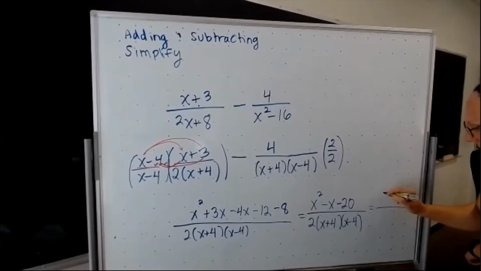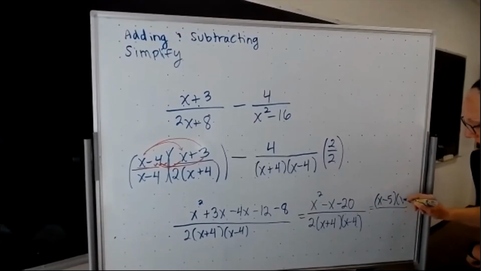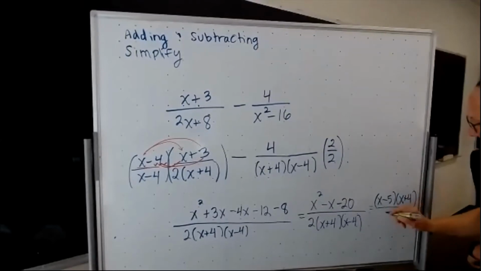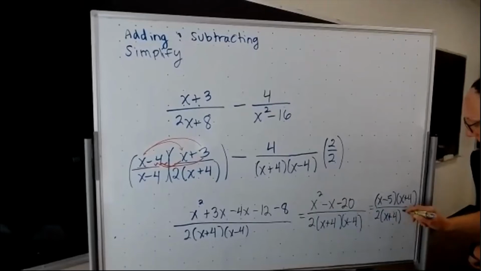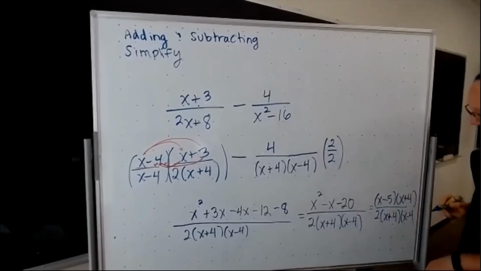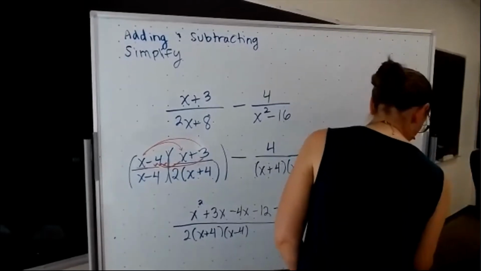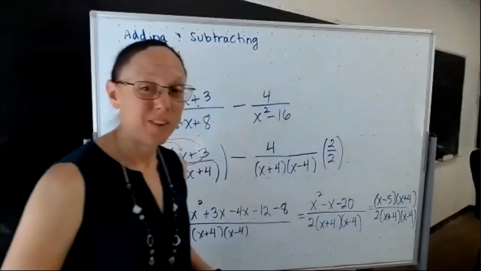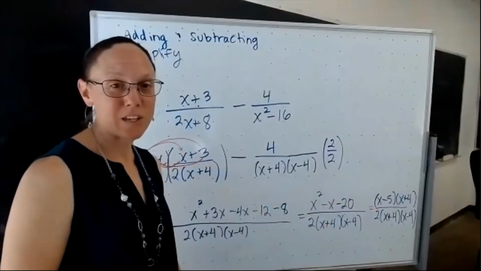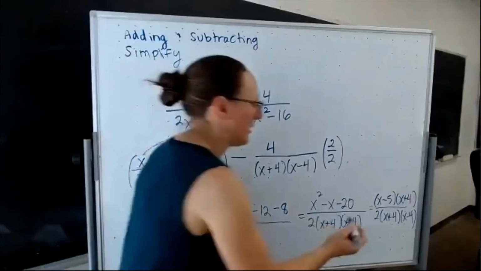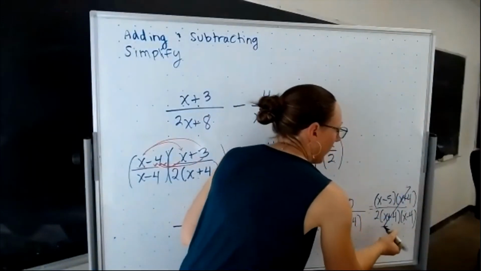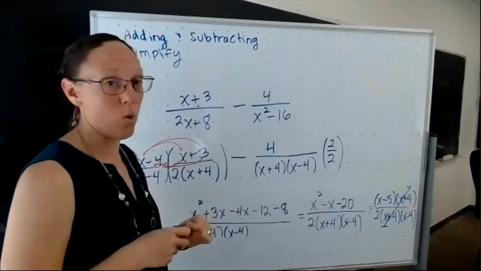Okay, looks like most of you have it here. X minus 5 times x plus 4. Which means that my x plus 4 over x plus 4 can cancel, leaving me with a 1.